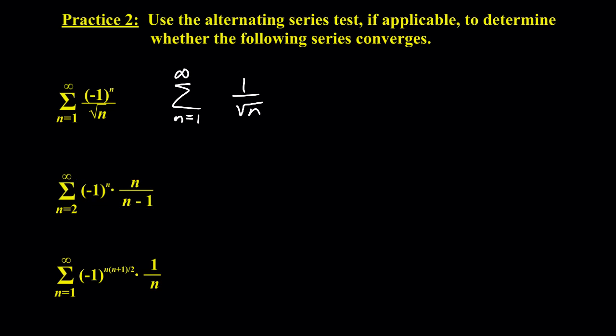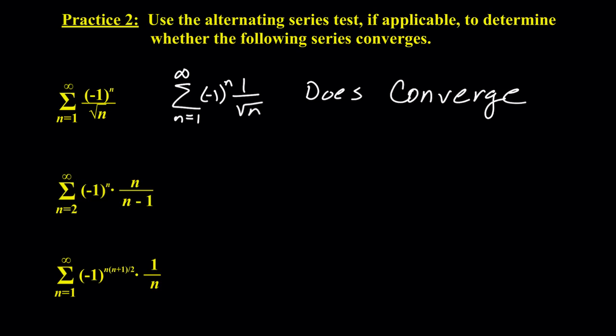However, if we look at this in relationship to the alternating series test, do the signs alternate? Yes. Do the values get smaller and smaller? Yes. Do the values approach 0? Yes. Therefore, this does converge by the alternating series test.